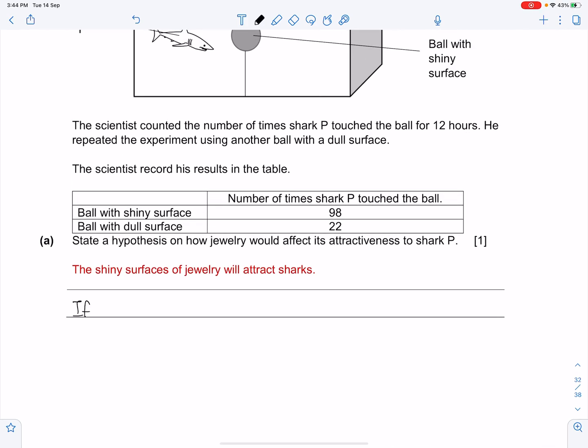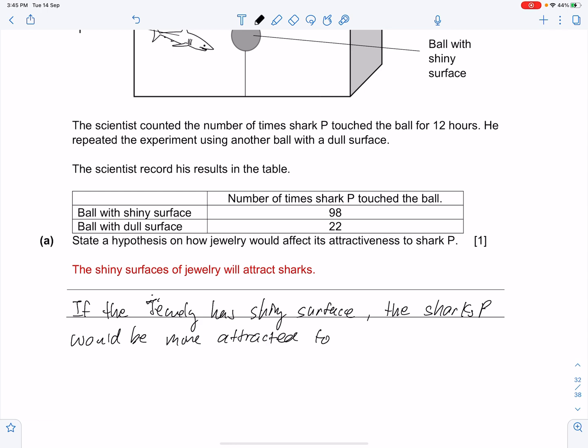So, if the jewelry has a shiny surface, the shark P would be more attracted to it.